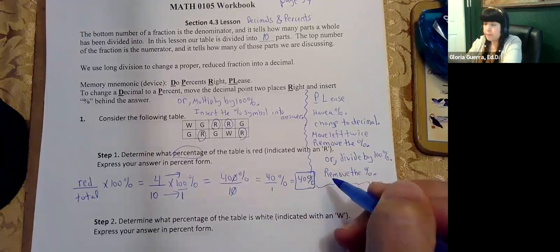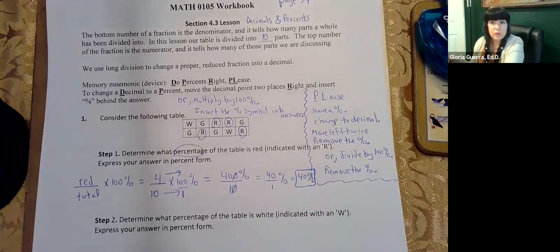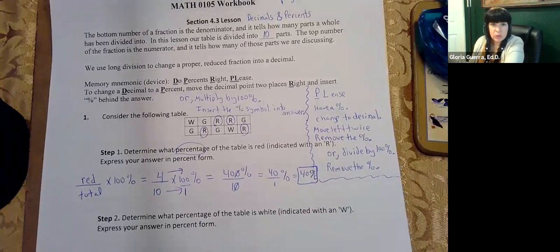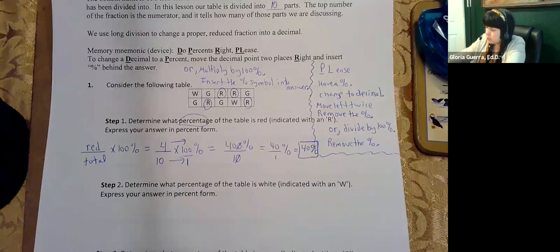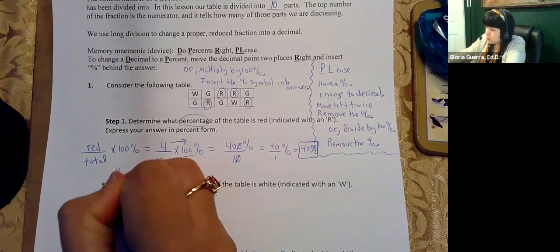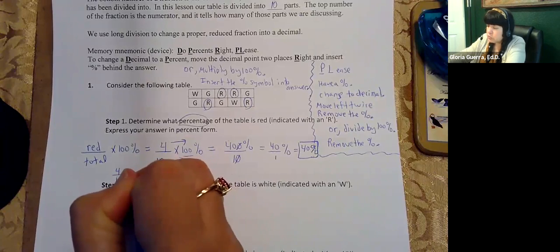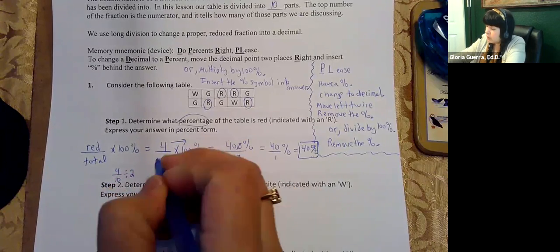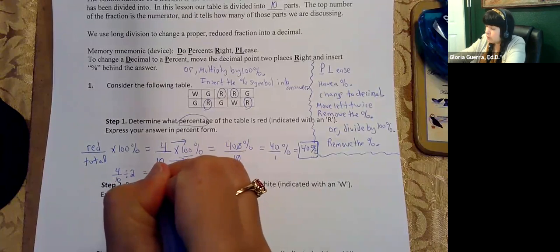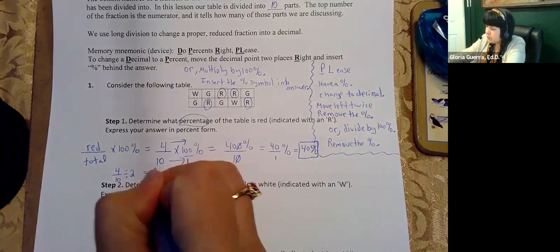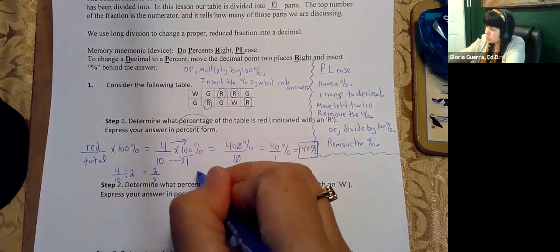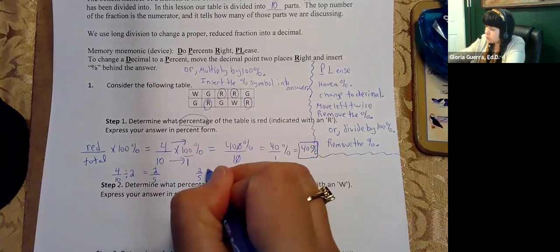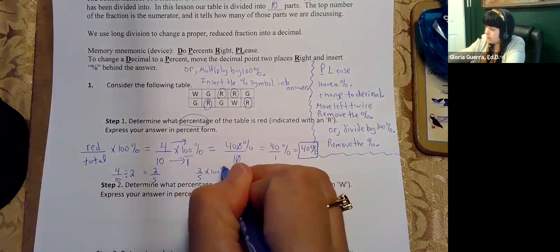Now, if you wanted to reduce 4 over 10, you could. 4 over 10 reduces by 2: 4 divided by 2 is 2, and 10 divided by 2 is 5. That gives you 2/5, and then you would multiply 2/5 by 100%.